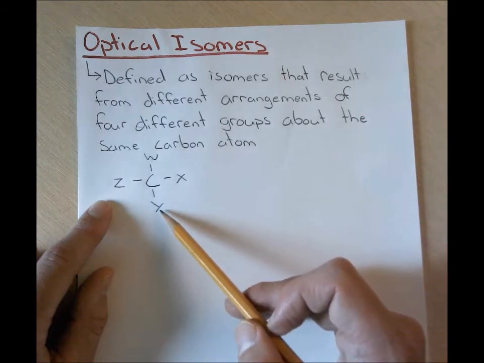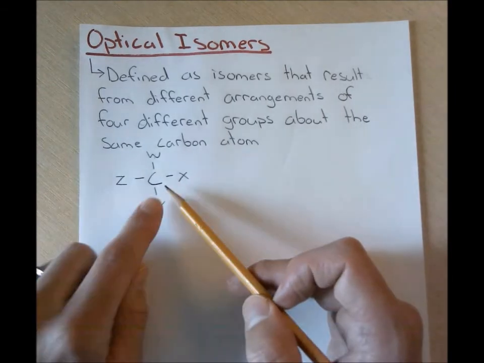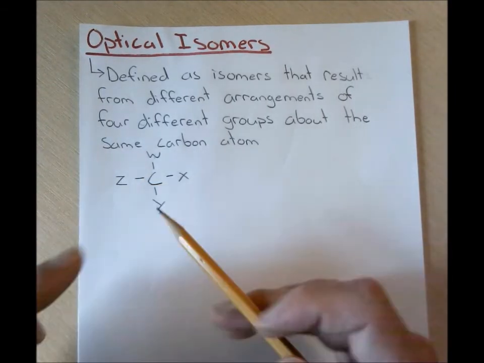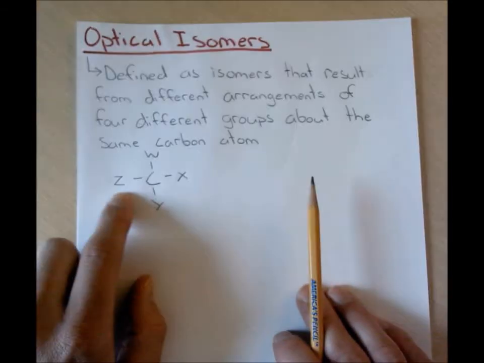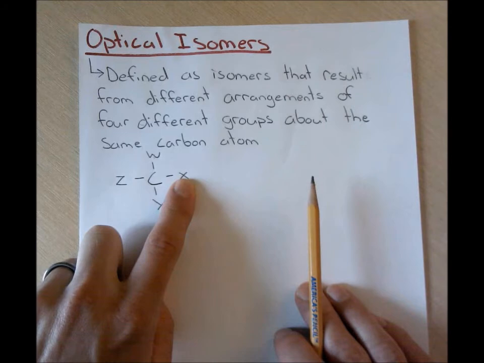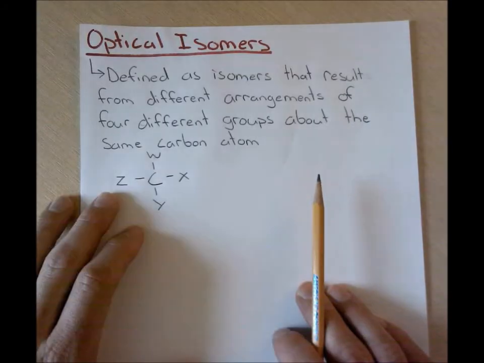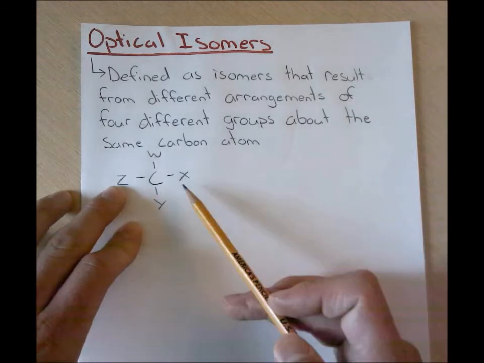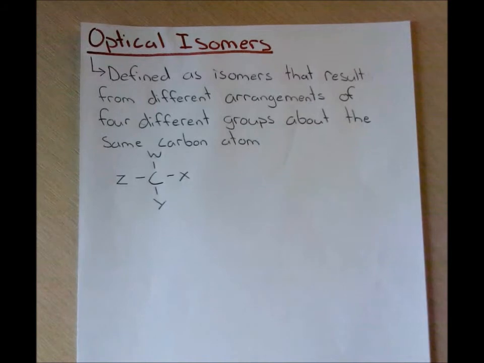But the key thing is that if you look at this carbon that they're identifying in this optical isomer, it has to have 4 different things that branch off of it. So again, you could have 2 carbons on this side and only 1 carbon on this side, and it still counts as an optical isomer. The reason these occur is because of asymmetric carbons.